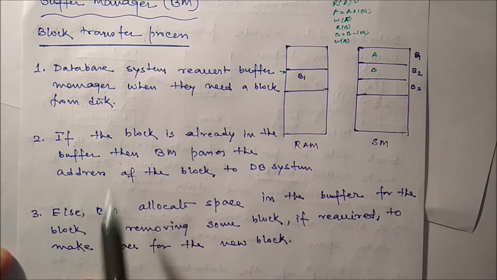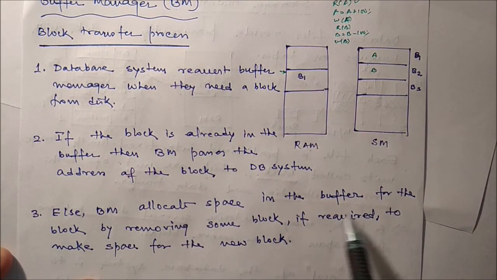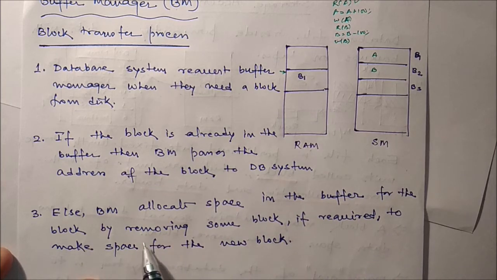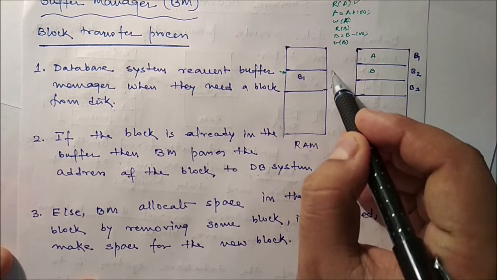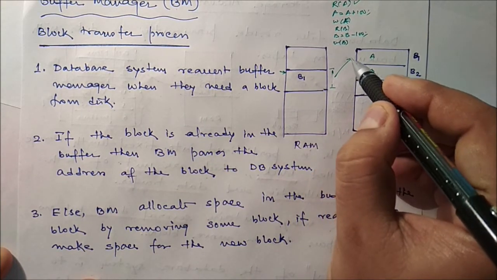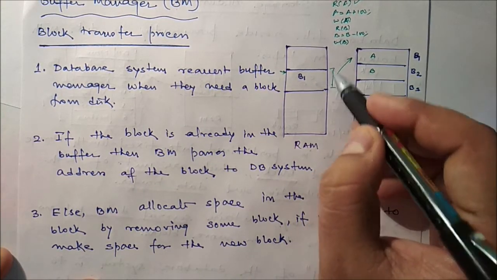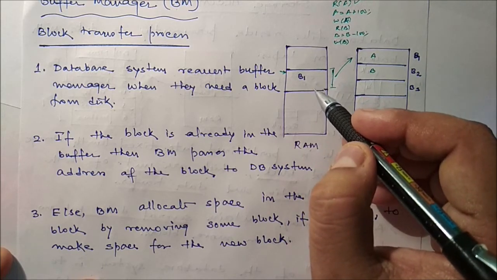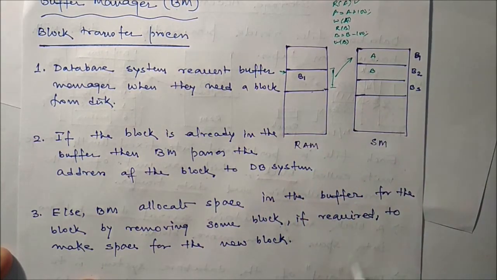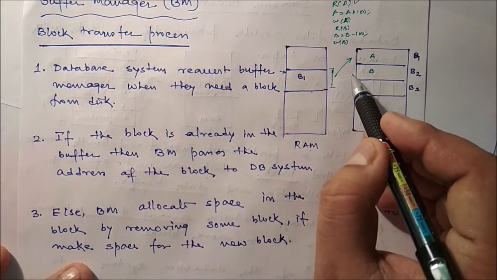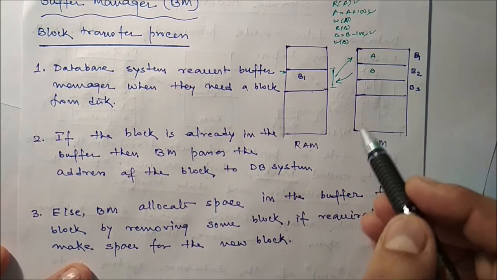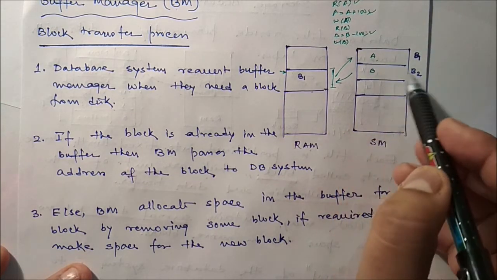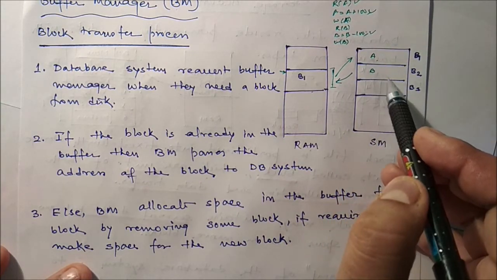Else, if the block is not available, the buffer manager allocates space in the buffer for the block by removing some block if required. Suppose the buffer can accommodate only one block, so the existing block must be swapped out. The buffer manager moves block B1 from primary memory to secondary memory, then transfers block B2, because after A the transaction needs variable B, which is present in B2.